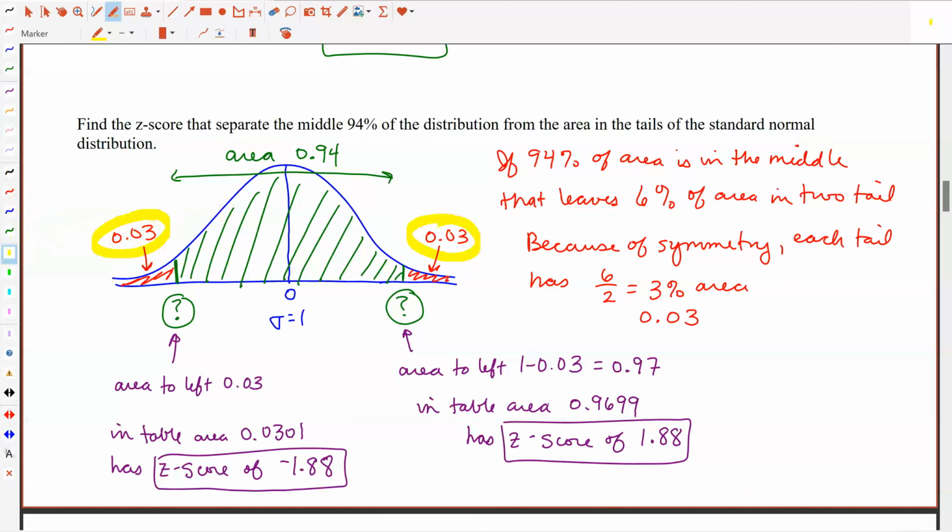It is always going to be the case that if you find the one value, the value on the other side is the other sign. So once I had found negative 1.88, because the area to the left of it is 0.03, on the standard normal curve, if I want the value where the area to the right of it is 0.03 as well, it would just be positive 1.88. You're going to find that that always happens because of the symmetry of this curve.